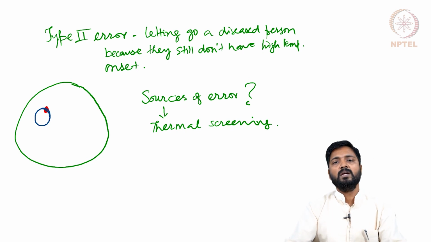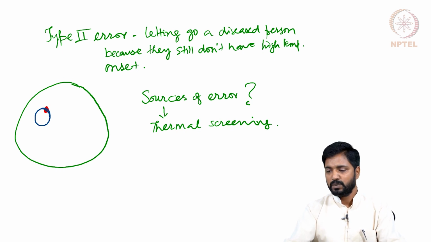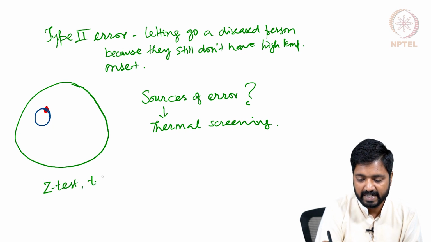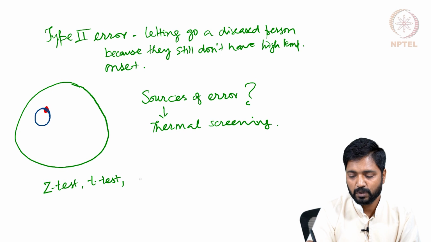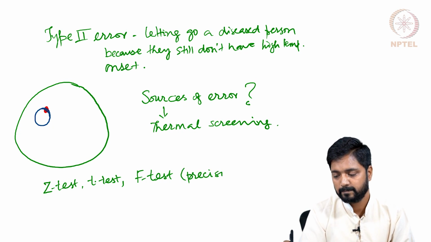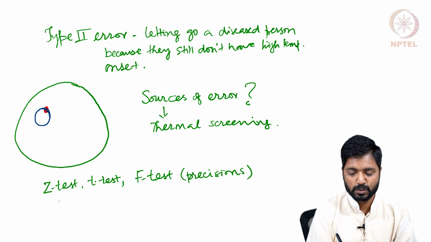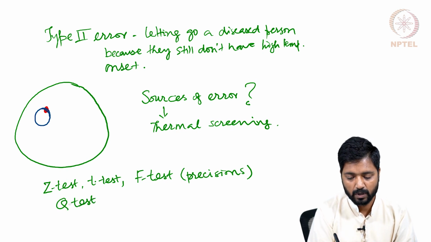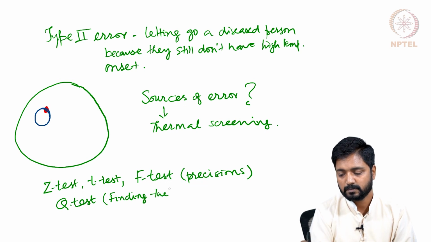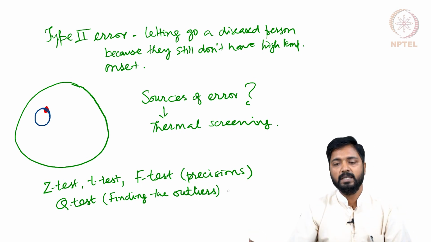So, essentially what we covered in week 4 was the utility of the z-test and the t-test, and we also got introduced to the f-test for comparing the precisions, and also the q-test for finding the outliers in a data set.